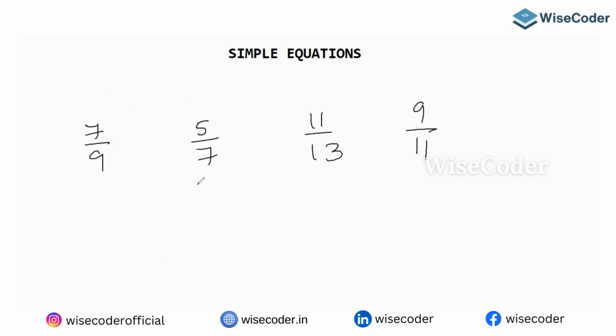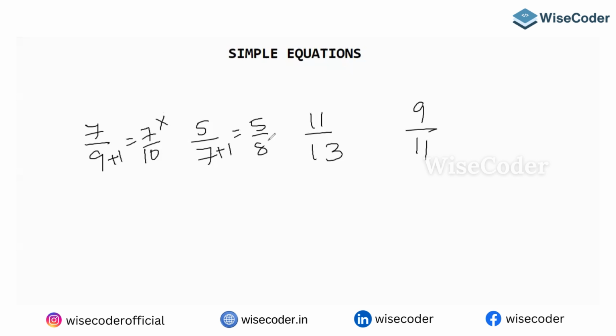What is point number 1? The denominator is 2 more than the numerator. Yes, 2 more in each. Perfect. 1 is added to the denominator. Let's add 1 here. So it's going to be 7 by 10. No, so this is not your answer. So let's go here. 1 is going to be added, so 5 by 8.